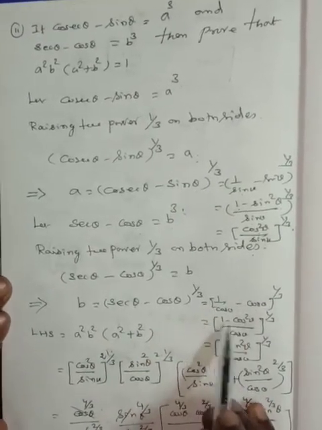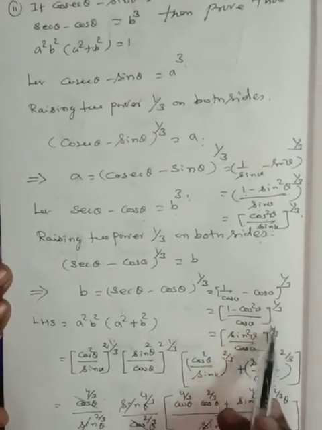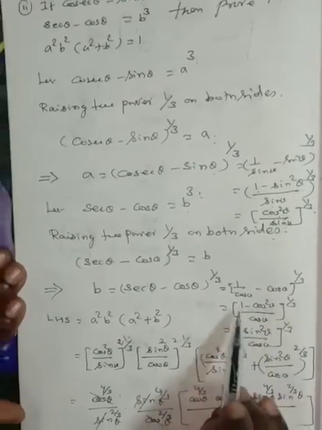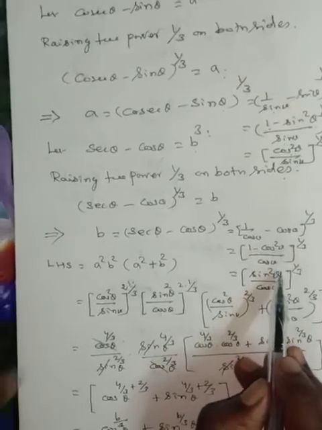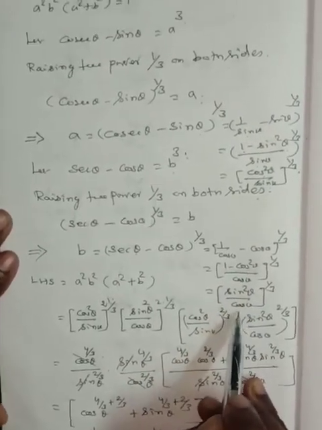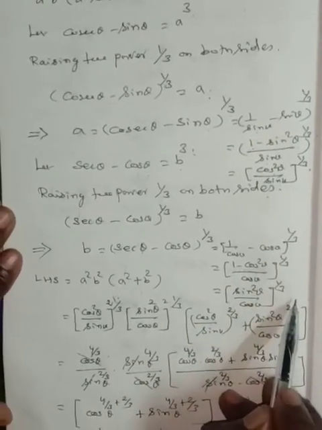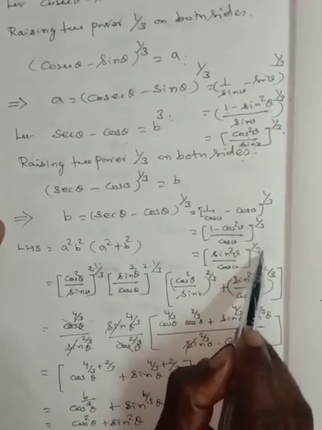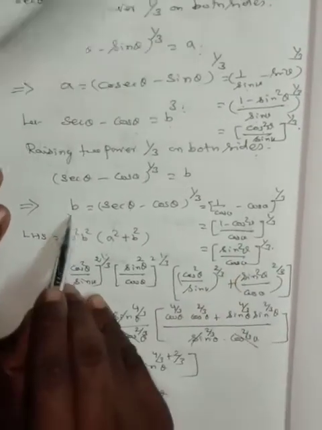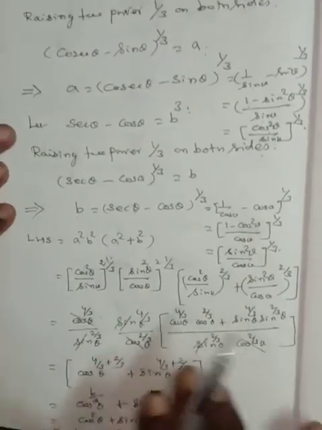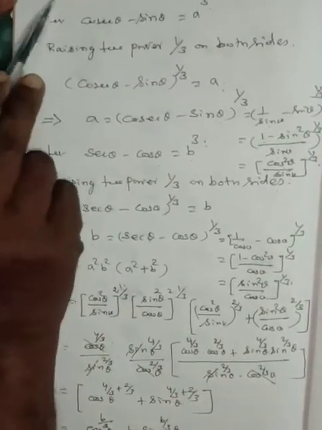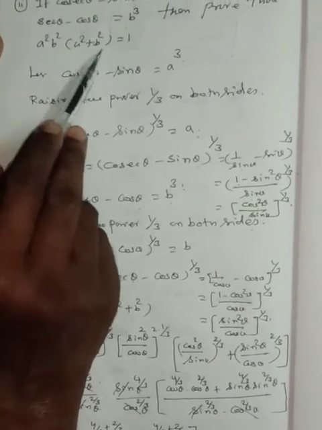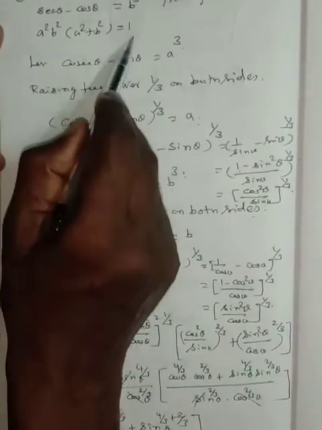Taking LCM, 1 minus cos square theta divided by cos theta whole to the power of 1 by 3. 1 minus cos square theta from the trigonometric identity is sin square theta divided by cos theta whole to the power of 1 by 3, which is b.